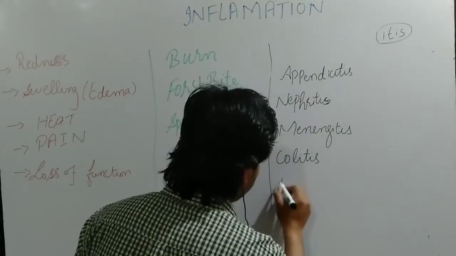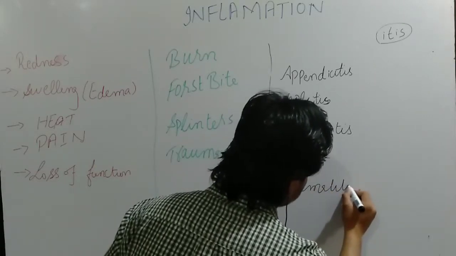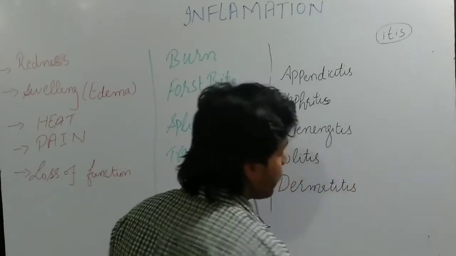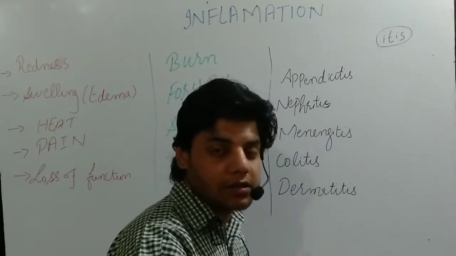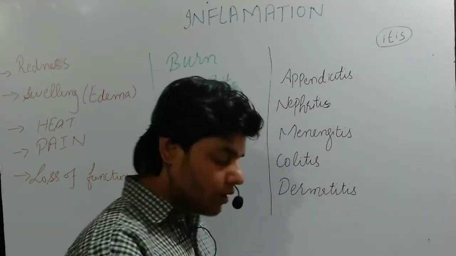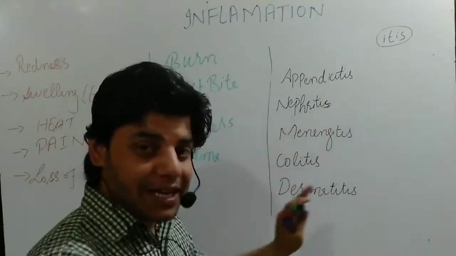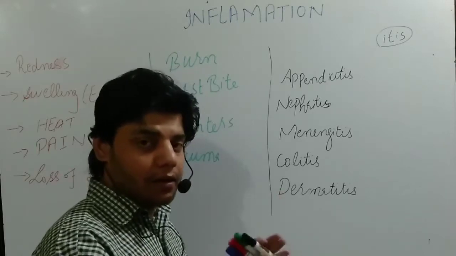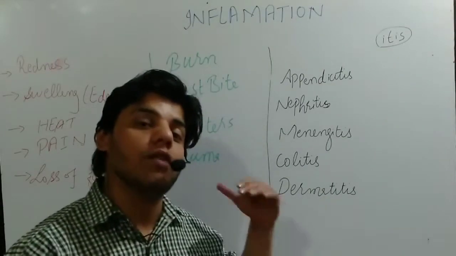And we have dermatitis, which is the inflammation of the skin. We have pharyngitis, sinusitis, different kinds of inflammatory diseases. So whenever this ITIS comes at the end of any word, we should note that it is inflammation.